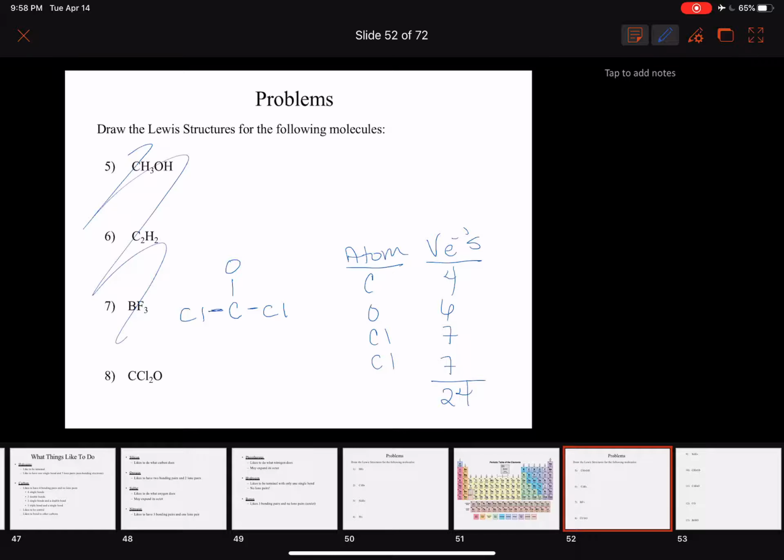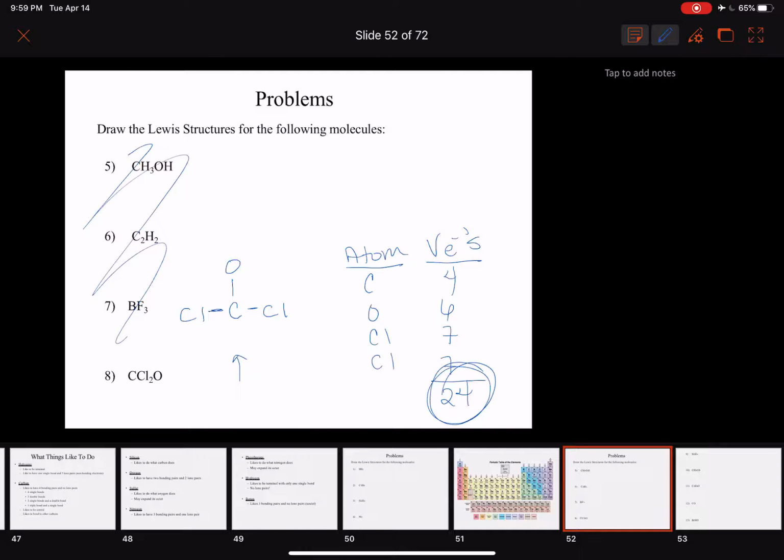24, that's right. Okay, so if we're using the rules, what it said is go ahead and bond things to a central atom and then distribute any leftover electrons to the terminal atoms. So we've used up in our structure 6 electrons so far from those 3 single bonds, 2, 4, 6.